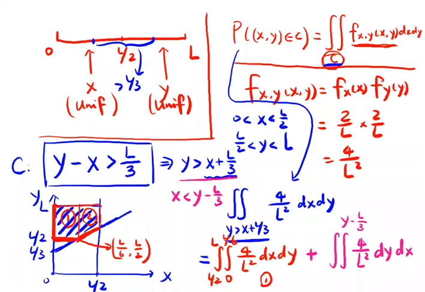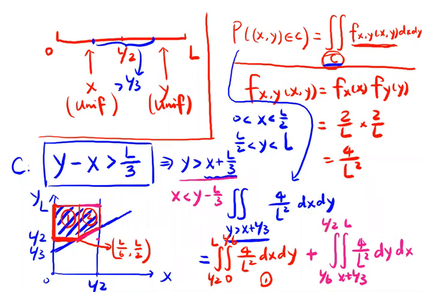So let me erase this part. If you do dy, you'll realize that the range of your y is bounded below by this x plus L over 3 and bounded above by L. And then the range of x is going to be from this point to this point. So that will be L over 6 to L over 2.